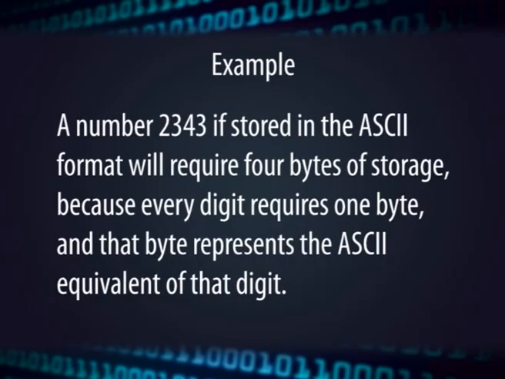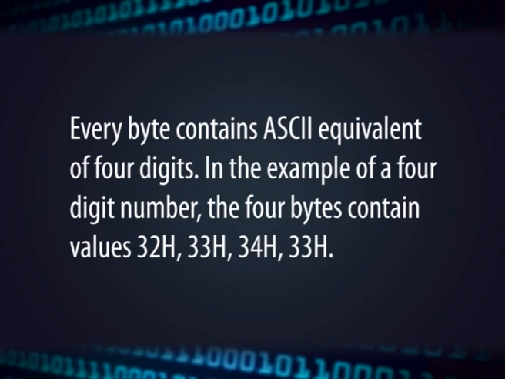For example, a number 2343, if stored in ASCII format, will require 4 bytes of storage, because every digit requires 1 byte and that byte represents the ASCII equivalent of that digit. In the example of a 4-digit number, the 4 bytes contain the values 32 hex, 33 hex, 34 hex, 33 hex, which are nothing but the ASCII equivalents of 2343.